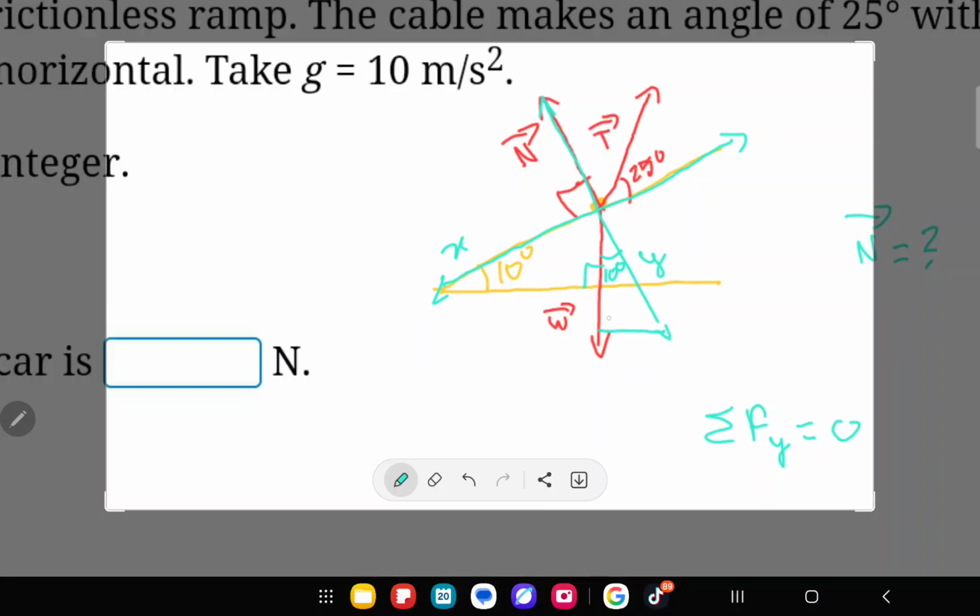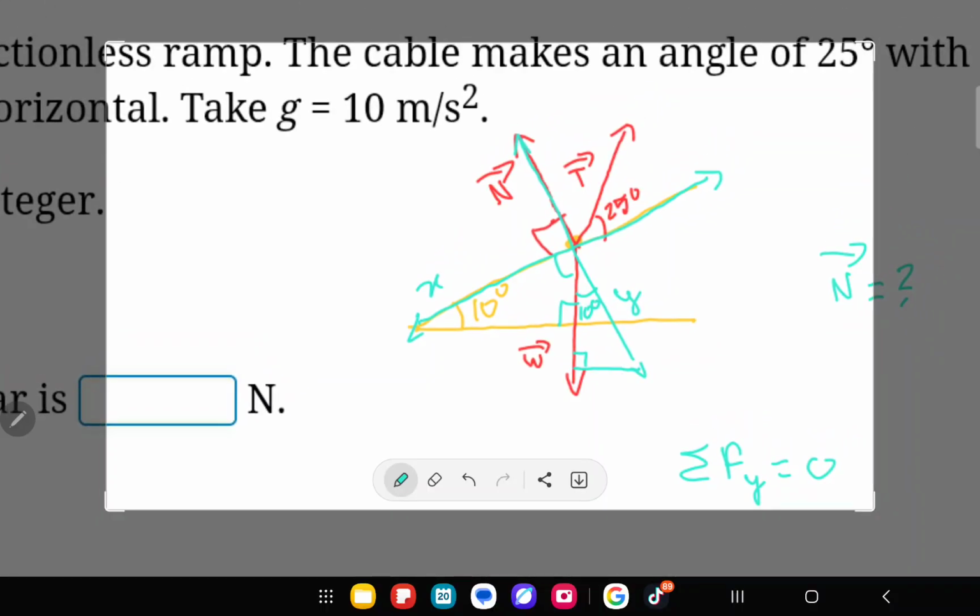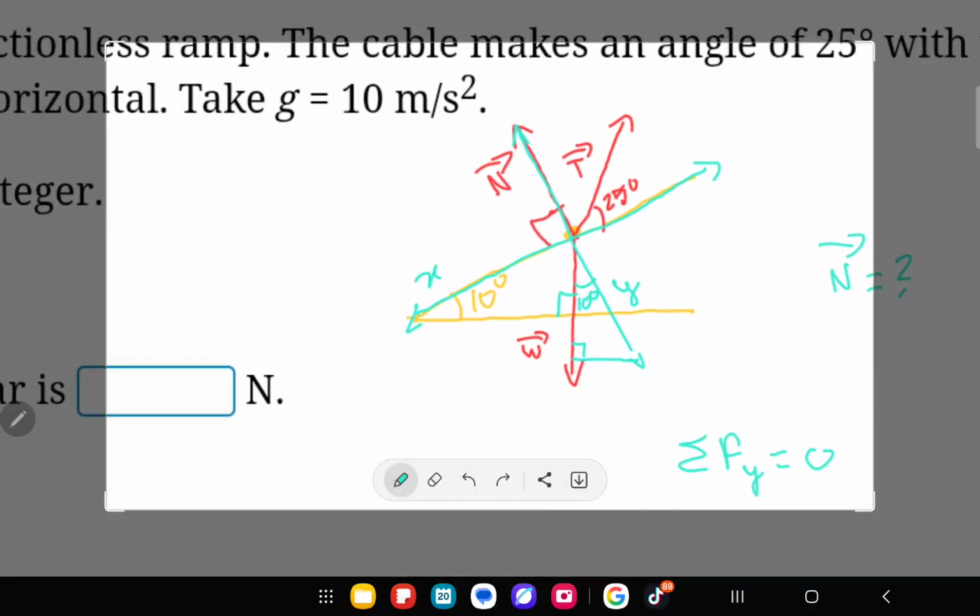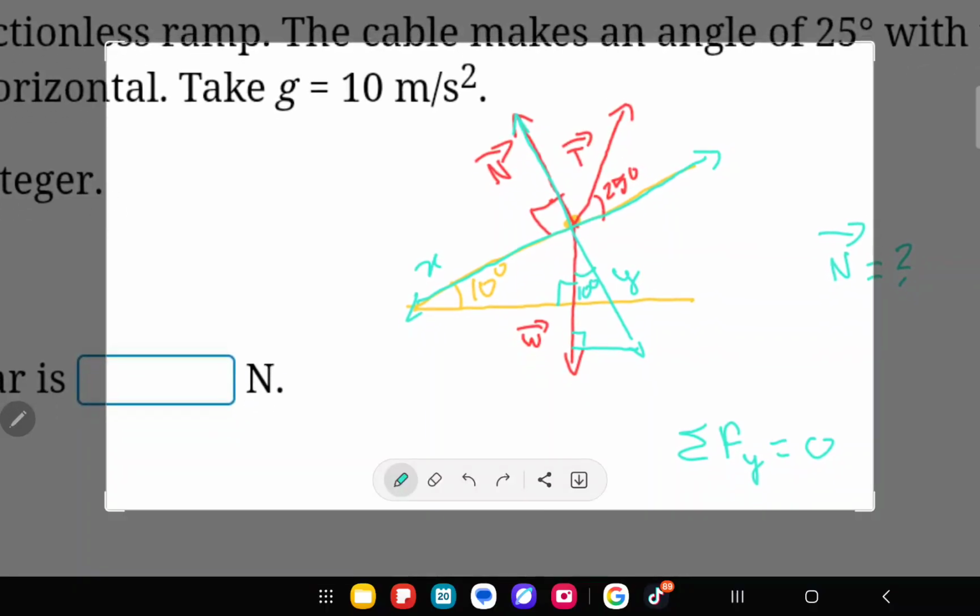Over here is a right angle, over here is a right angle, over here is 10, over here is 10, and this angle here is also right. Thus, this over here is also 10.